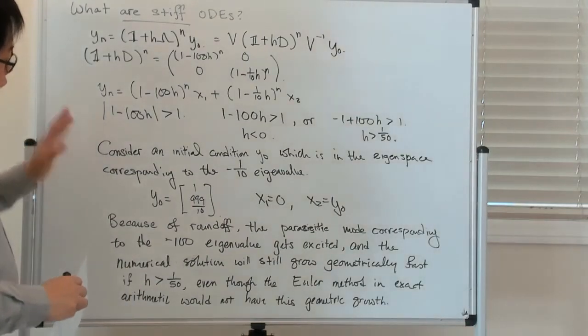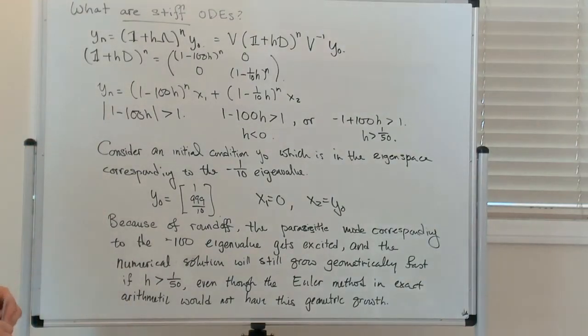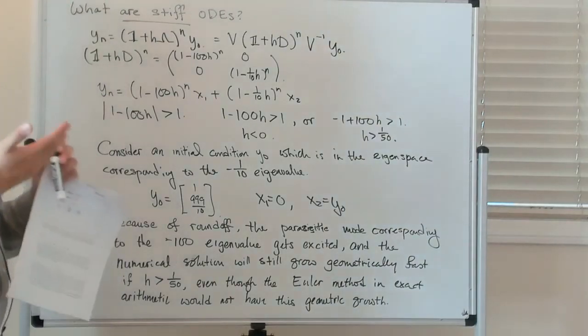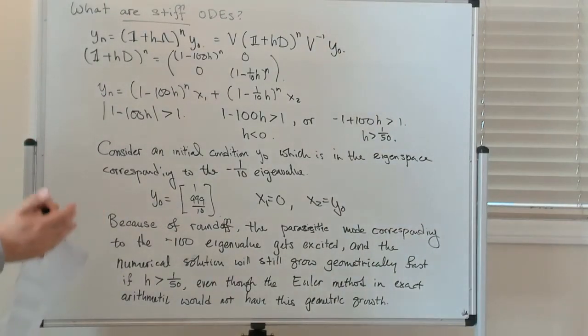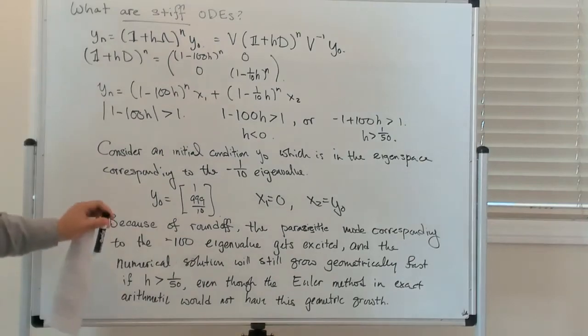In any case, this example illustrates one of the real challenges of dealing with stiff systems, because here we have a continuous differential equation where both parts of the general solution are decaying very, very rapidly.